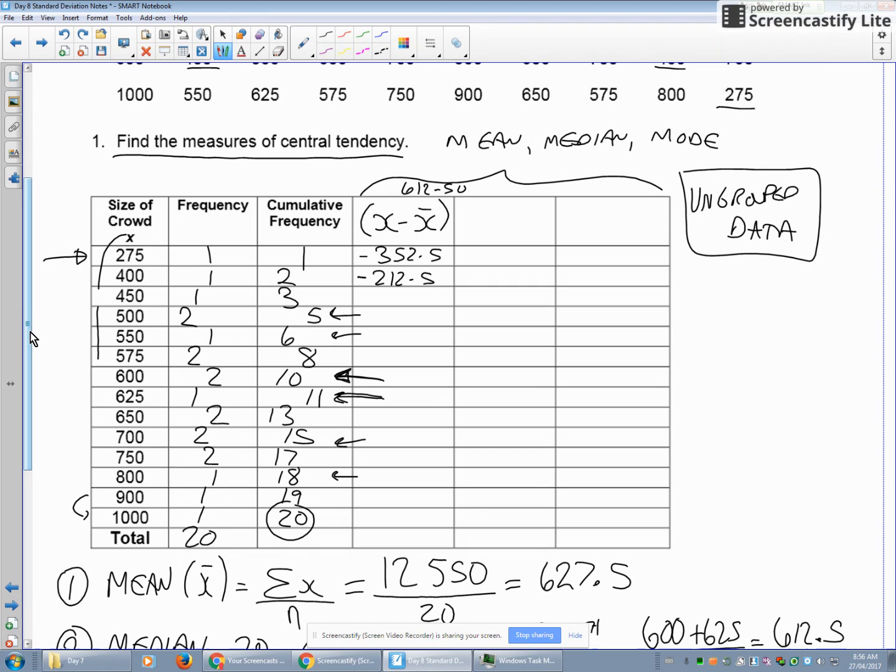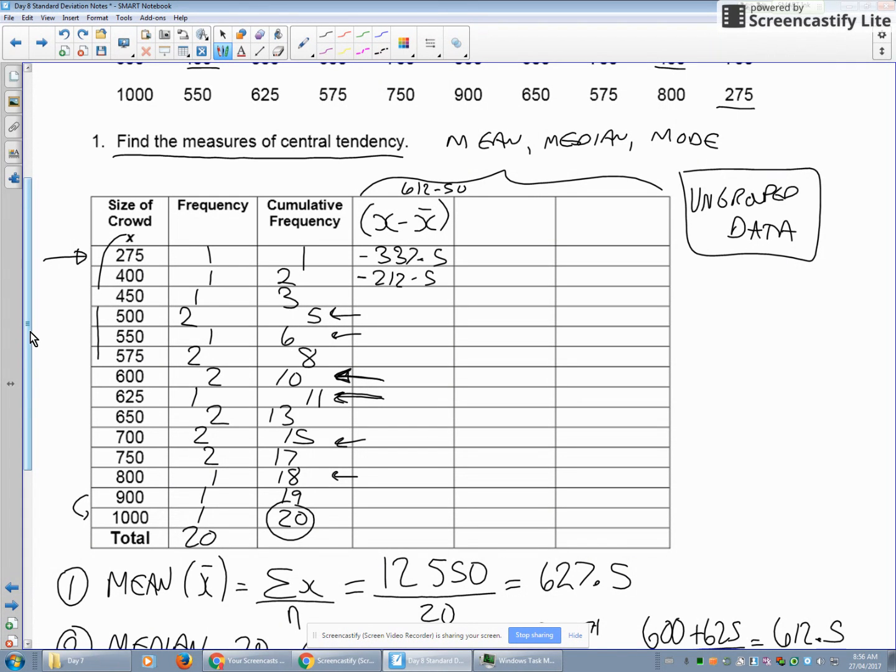Okay, so what's 275 subtract 612.5? Someone do that? Negative 337.5, and then that's minus 212.5.